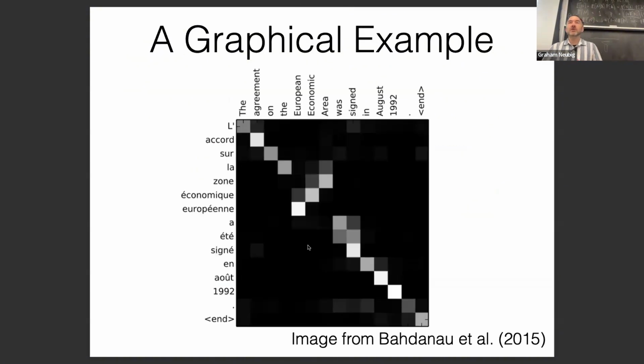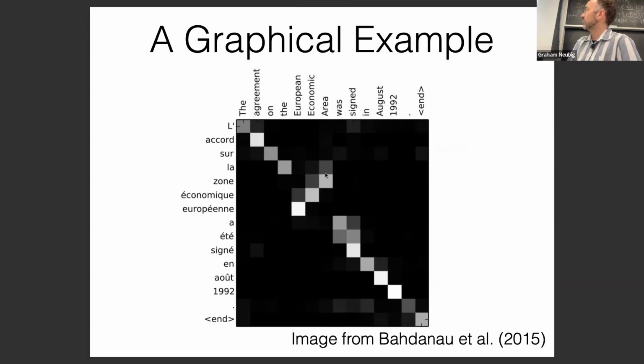So this is an example of cross attention in a translation model. What you can see is the cross attention in the translation model learns to attend to the words that correspond to each other for French-English translation. So it learns to attend to the one that corresponds to le, accord, sur, la.